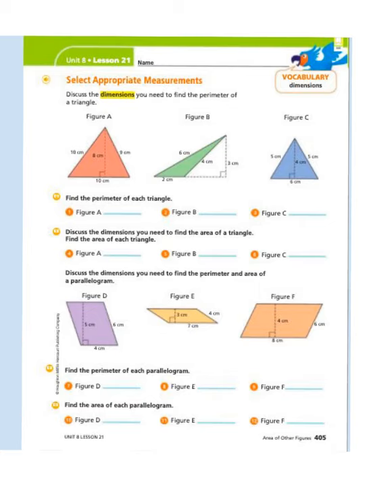Discuss the dimensions you need to find the perimeter of a triangle. And perimeter is the amount around the outside of a shape. So if you can see where my cursor has drawn around the outside of that triangle. So in order to do that, it's quite easy.